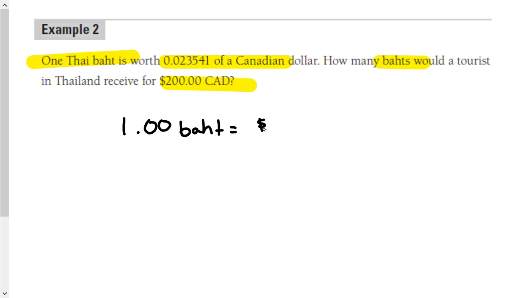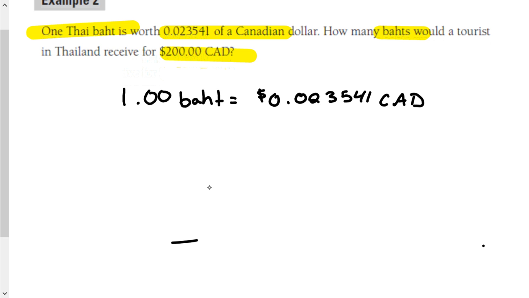Which is equal to 0.023541 CAD. Then I need this to change to 200 CAD. So in this case, I wouldn't set it up like this as a unit price.